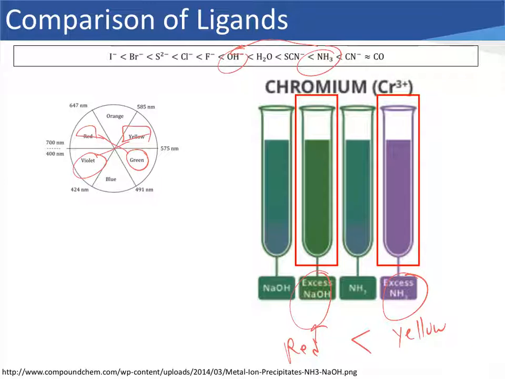Yellow is a greater energy, a higher energy light. So a stronger ligand, ammonia, creates a greater difference in energy between the d orbitals that split, so it absorbs a higher energy light, yellow compared to red.